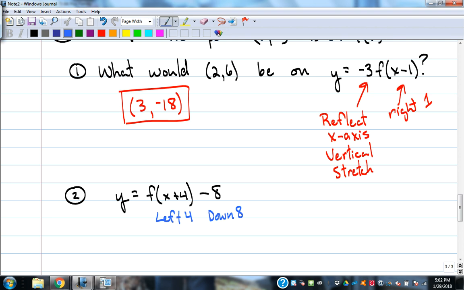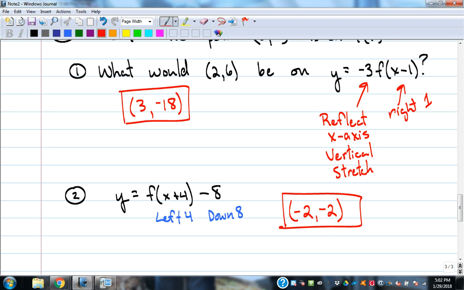So if I move to the left 4 from (2, 6), what's left 4 units from 2? Yeah, negative 2, because I go 4 units that way. And then 8 units down from 6, also negative 2. This is the y value this time. And we've followed that transformation for that particular ordered pair.